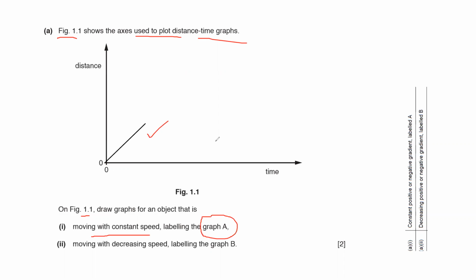Yeah, that's right. When we have a distance time graph for an object moving at a constant speed, it will be a straight line.